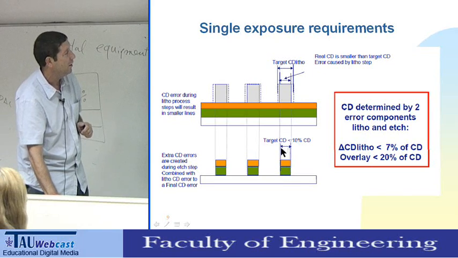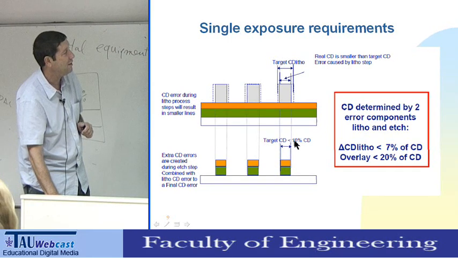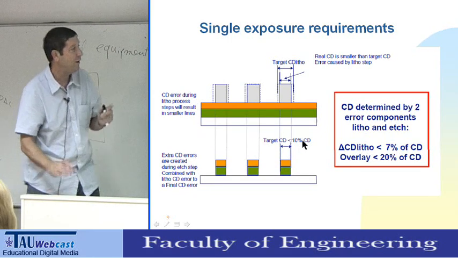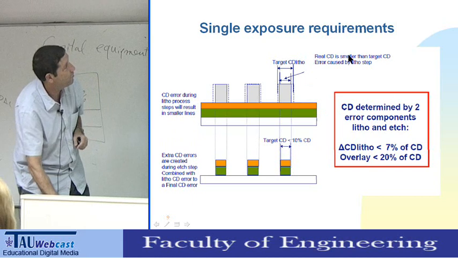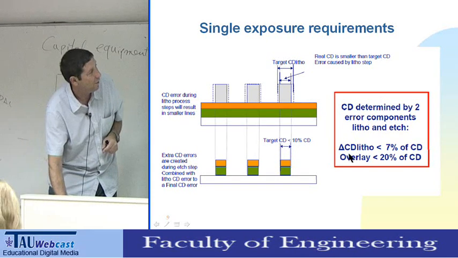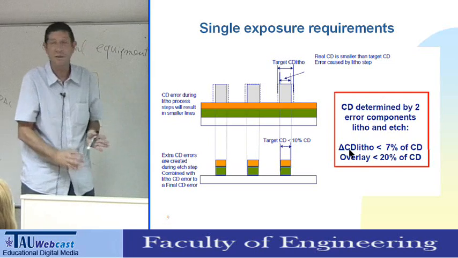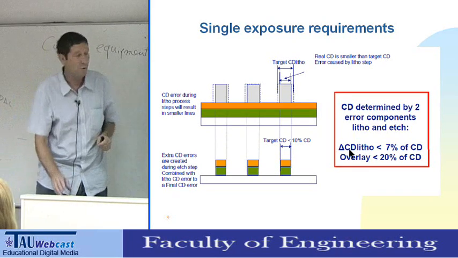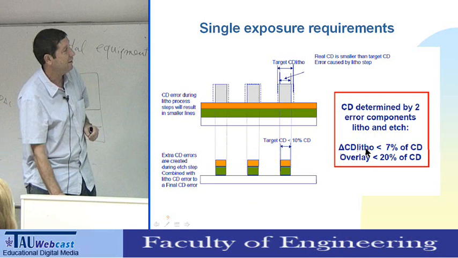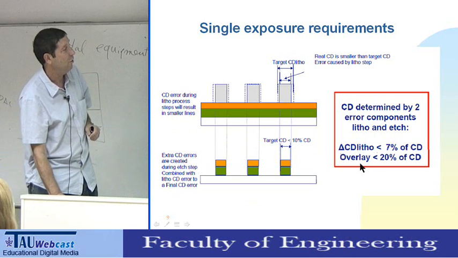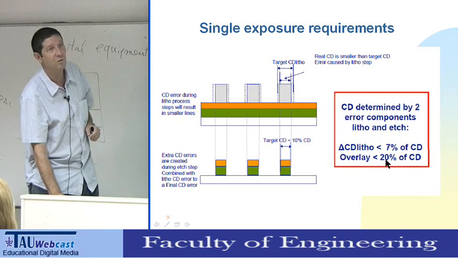For example, you can have variations of plus or minus 10% CD. You can define it. I took this number from some papers by Sematech. For example, in some specific process, just to give you an example, the requirements were delta CD litho 7%, overlay 20% of CD.